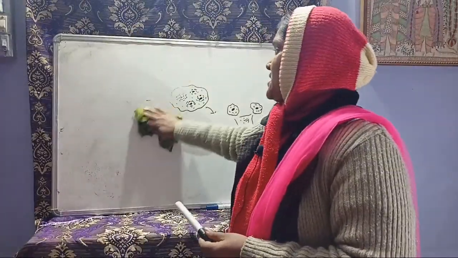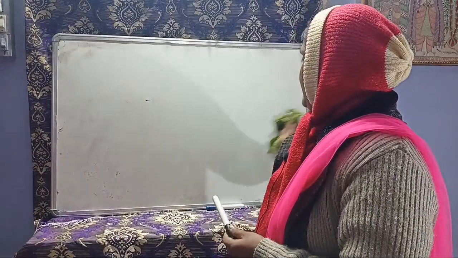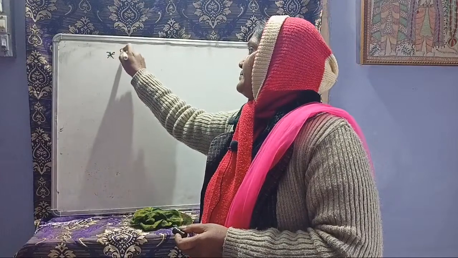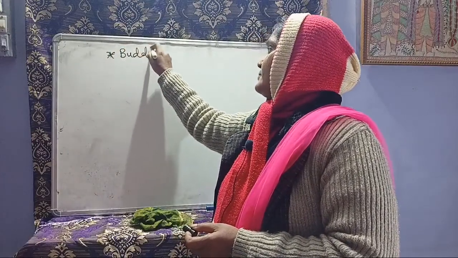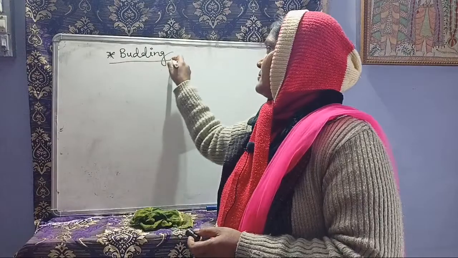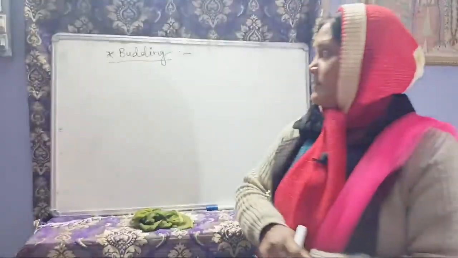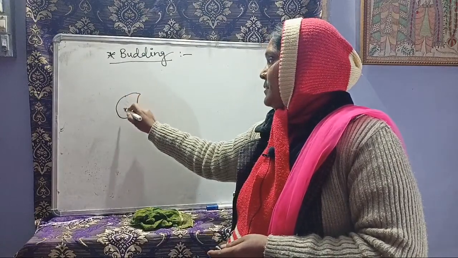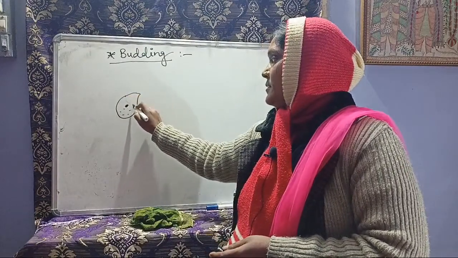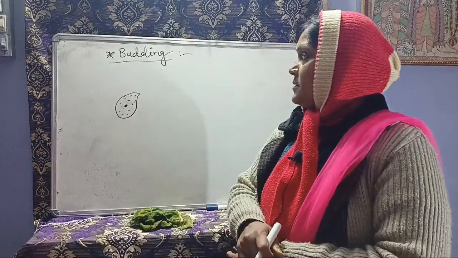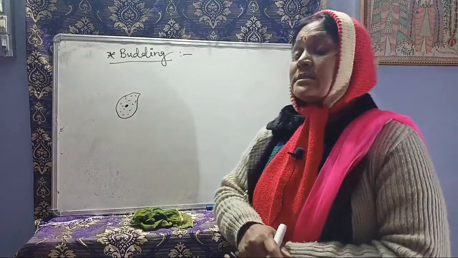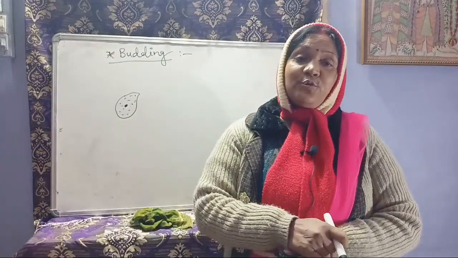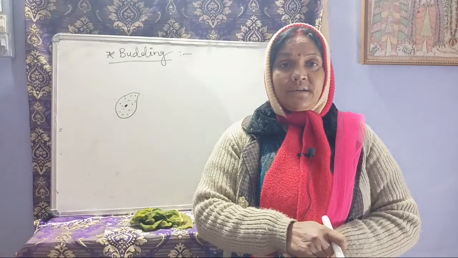The next method of asexual reproduction is budding. Budding is the asexual reproduction which is performed through bud formation.